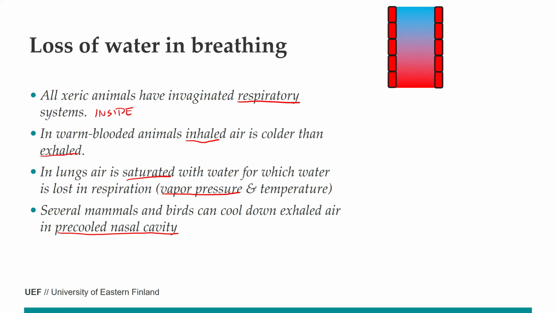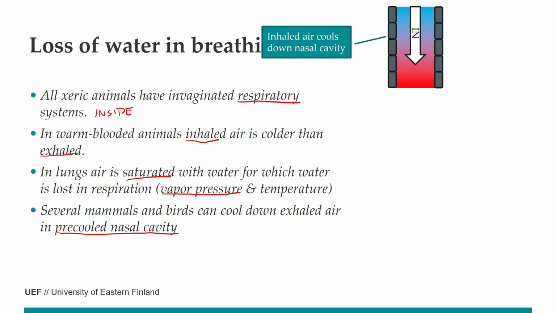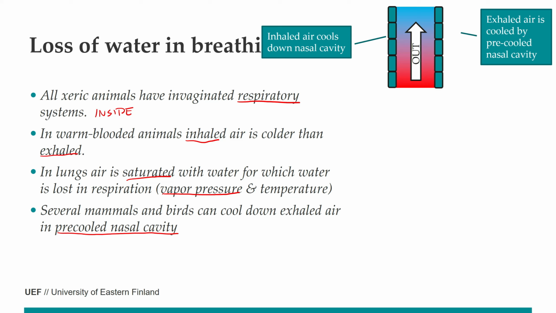But the idea is that if we think of the respiratory cavities, they have the epithelial or whatever structures there, and when cool air is coming, it will cool down the nasal cavity. So these epithelial cells, etc. And therefore, when the exhaled air is passing through, it will be cooled because we have the pre-cooled nasal cavity that is cooling it down.